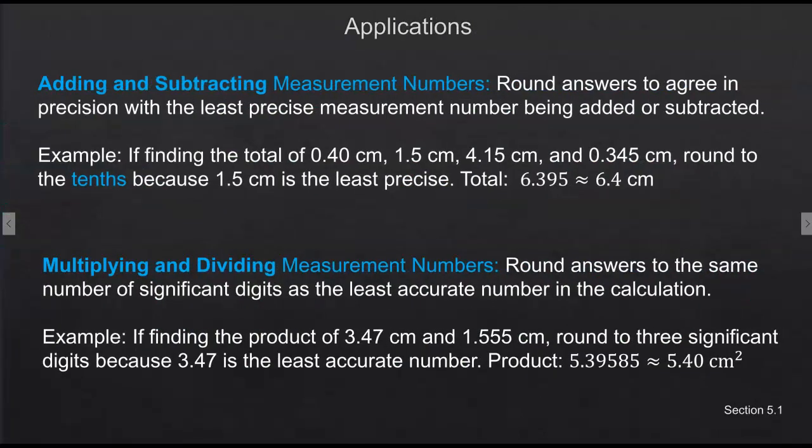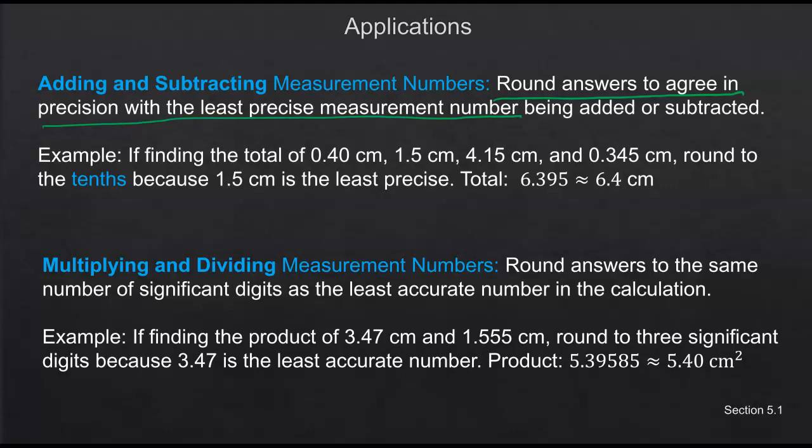Okay. When we're adding and subtracting, and try not to get too bogged down in this, a lot of times you can tell within the problem how to round your answers, and this is giving you some guidance on that. If you're adding and subtracting, you round answers to agree in precision with the least precise measurement number.